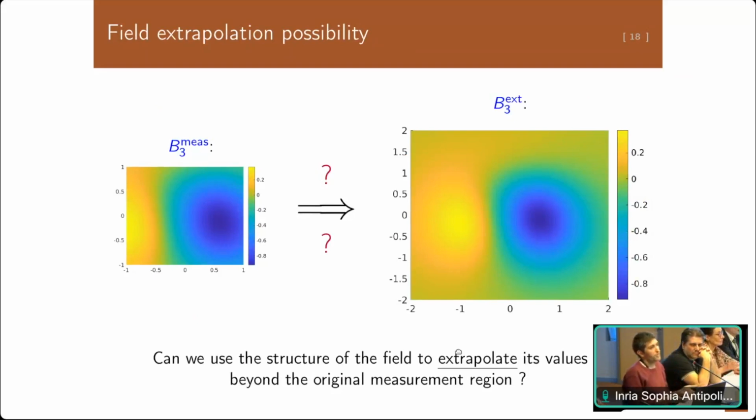The experimental issue is that you cannot measure too far, because in paleomagnetism the fields are so weak that if you go further from the sample, you will be measuring essentially noise. So you cannot afford measuring over a large region, but this is what you need for the methods to work the best.